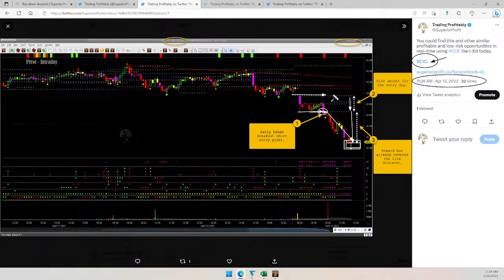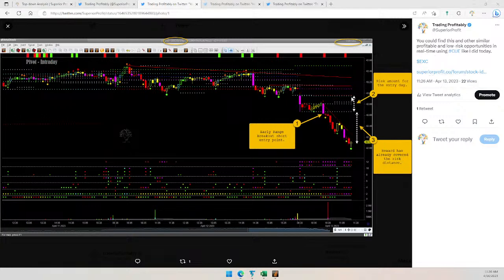And for the day, following Q guidelines, my stop would be just above the day's high, which was also the early range high. So I booked partial profit, put the stop where I should put it for the day, and I went to sleep.